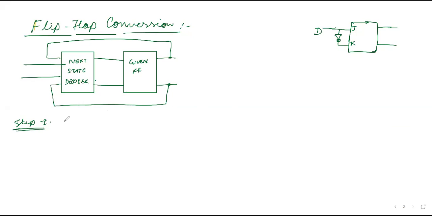Whatever flip-flop is given to you, we want here to convert, from the example we can understand this. Convert or get D flip-flop using JK flip-flop.